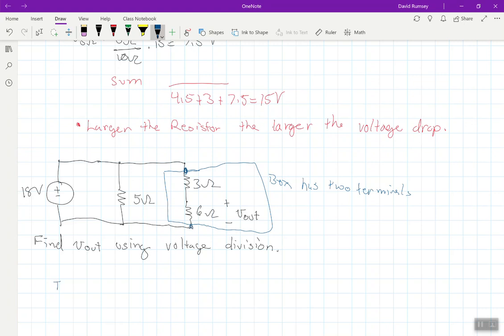So the voltage supply is in parallel with the 5 ohm resistor and the box.